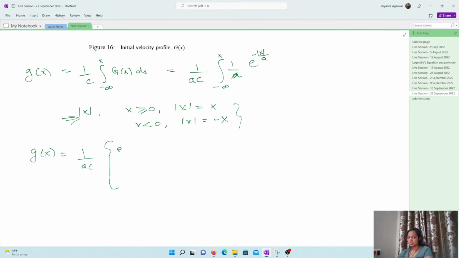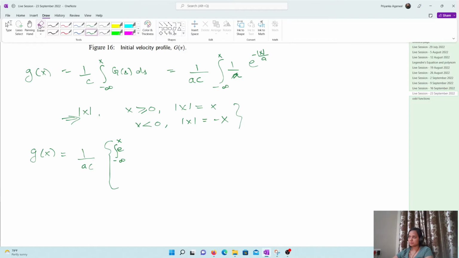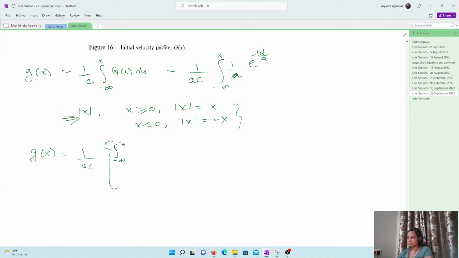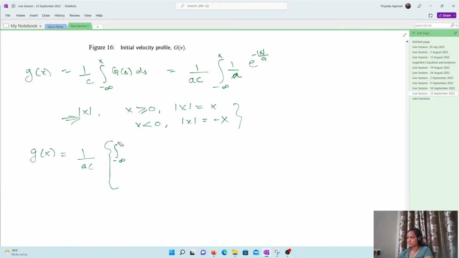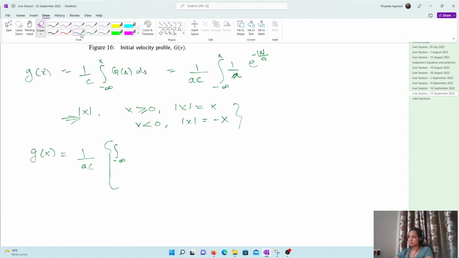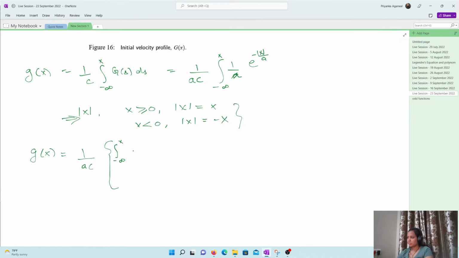Now e to the power, integral from minus infinity to x, and this is e to the power minus of minus x, then it becomes x by a dx.